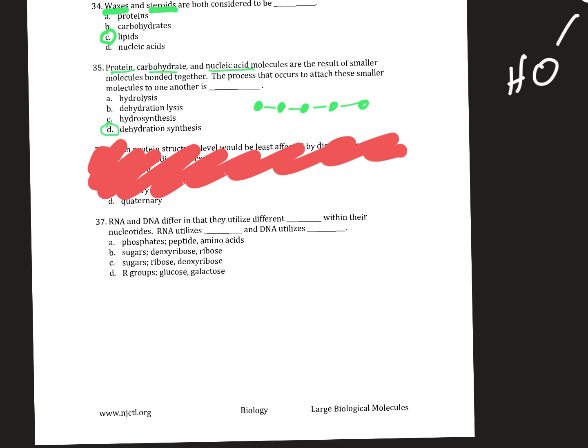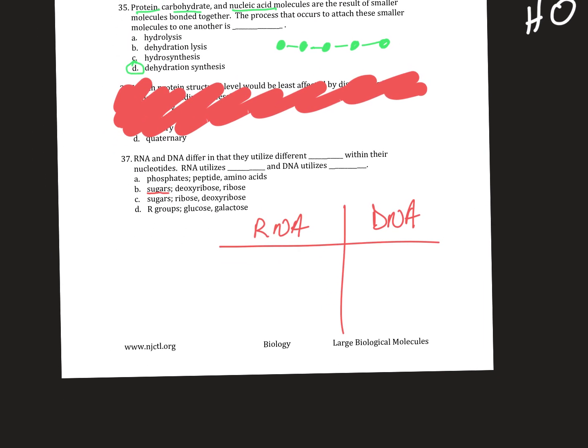Sugars, correct. Where RNA uses what? That's right. Now, again, if you're like, I didn't know that, well, I don't know what else to say. RNA uses ribose. DNA uses deoxyribose. Both of these are sugars.